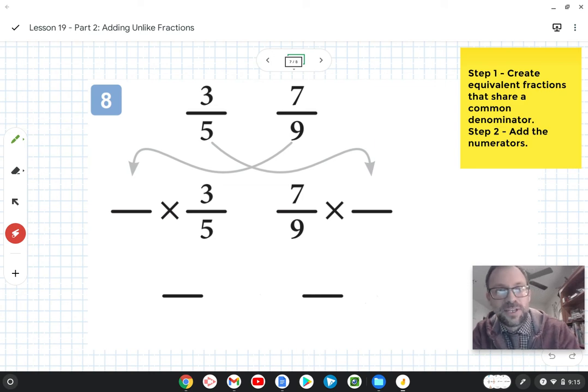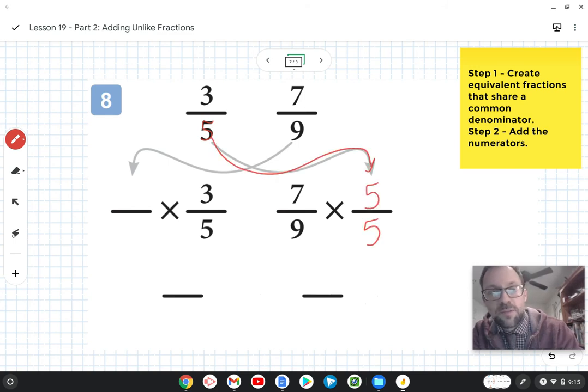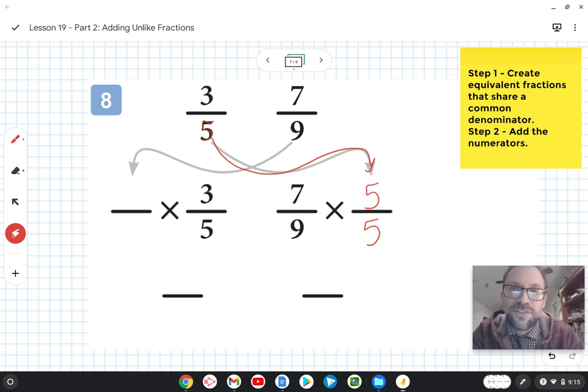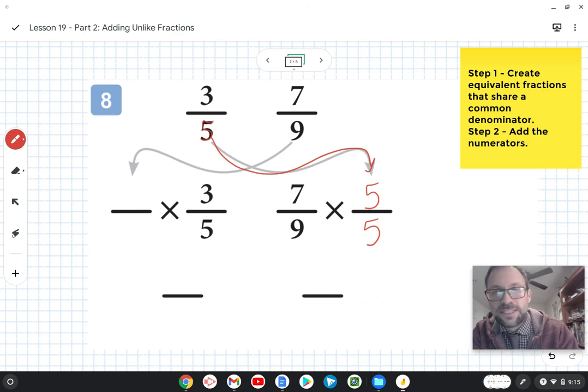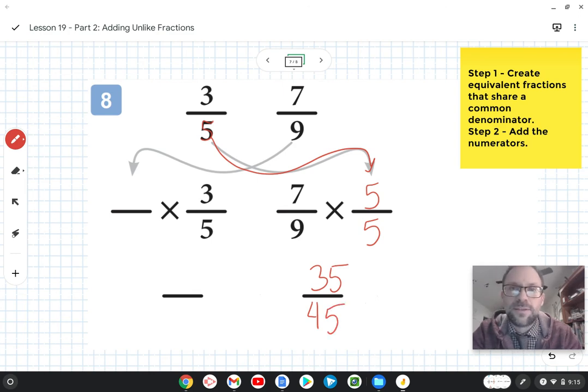Okay, did you say we're going to take our 5 and bring it down and multiply that 5 by both the top and bottom number of our second fraction, 7/9? Yeah, you got it. So let's do that. 7 times 5 is 35, and 9 times 5 is 45. All right, now what are we going to do next?